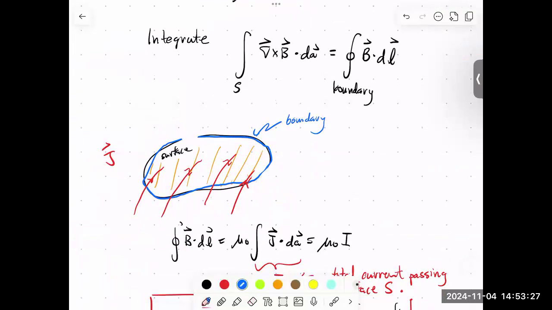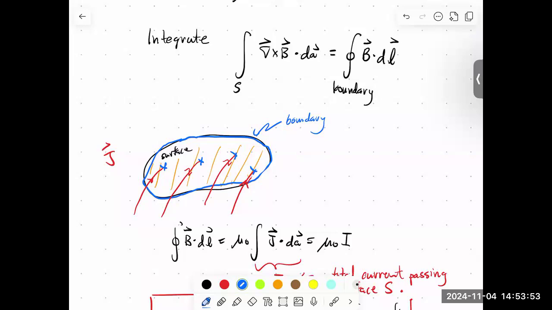Yeah, I agree with you. Thank you. That makes sense. So I'm going to expand the surface so that all of these lines will puncture through my little surface. So we're calculating the flux of this current through this.